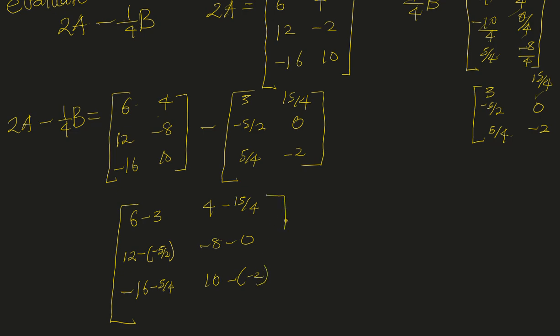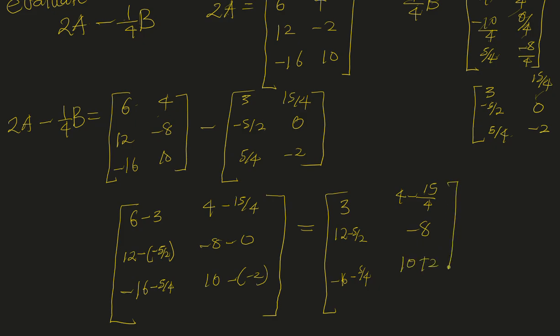Let's simplify. Let's take out all the signs. This is going to be 3, 12 minus 5 over 2, minus 16 minus 5 over 4, 4 minus 15 over 4, minus 8, and 10 plus 2.